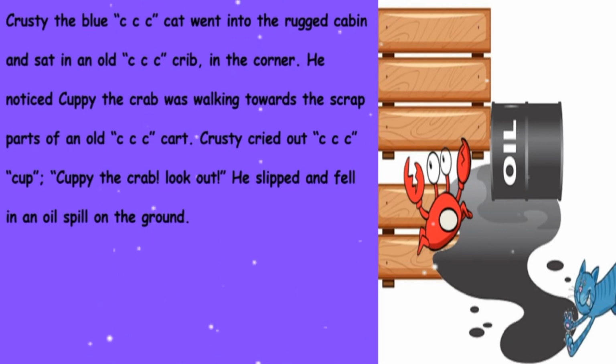He noticed Cuppy the crab, who was walking towards the scrapped parts of an old cart. Krusty cried out, Cuppy the crab, look out! He slipped and fell in an oil spill on the ground. Sorry, Cuppy.